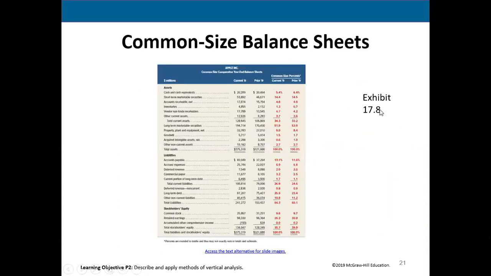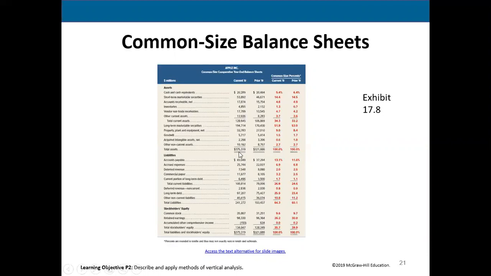So page 619 is Apple's vertical analysis. Now you see, and it's very hard to see on our slide here, but we have vertical analysis for the current year, vertical analysis for last year, because it's not going across, it's going up and down. So you're going to have 2 separate computations.